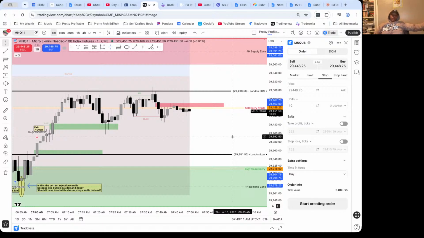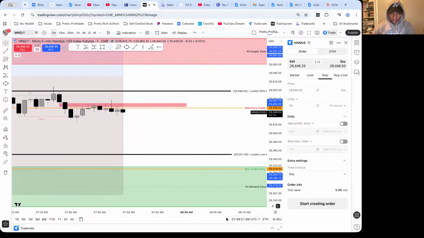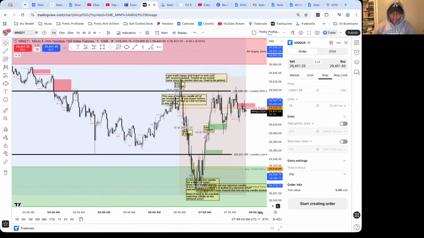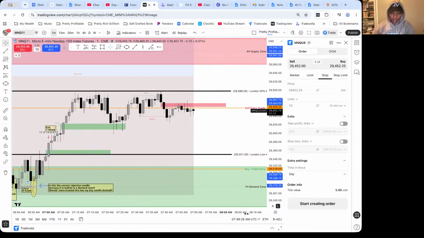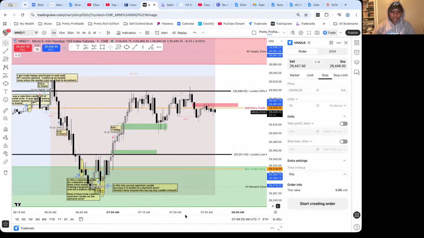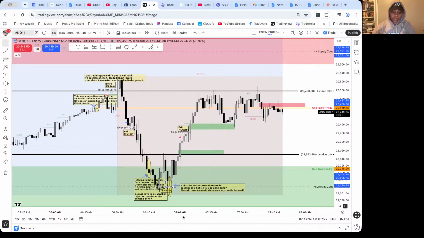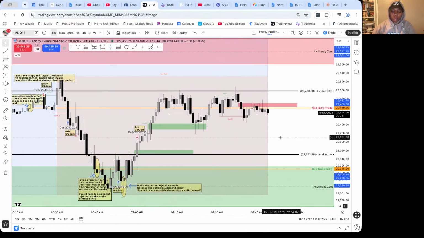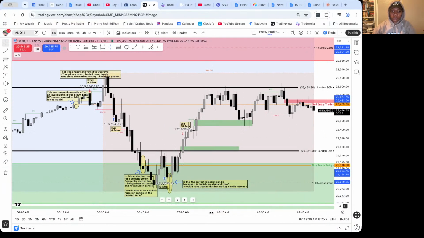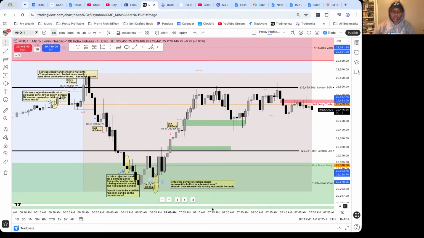We got 10 more minutes, and this is nowhere near my zone. I could be okay with it. See, look at the consolidation. I do appreciate that. So let's do this. X out of that. Drag that out.